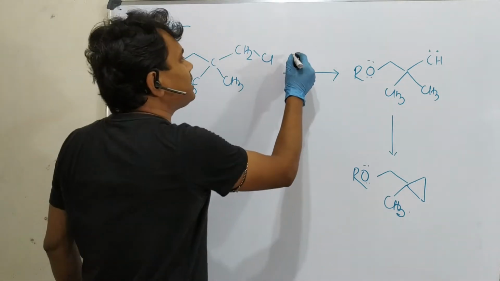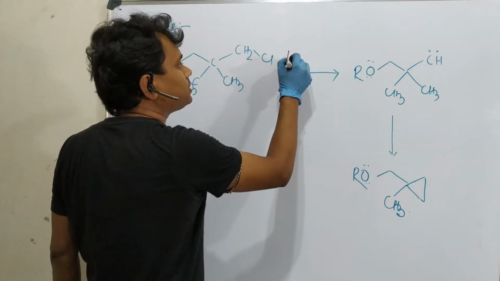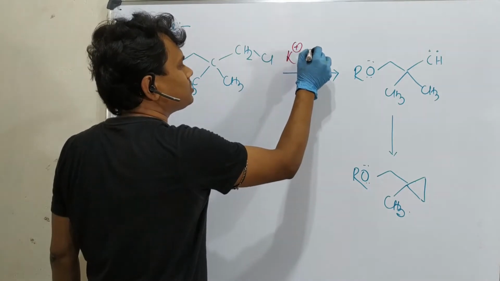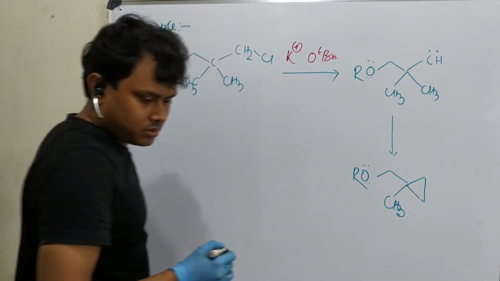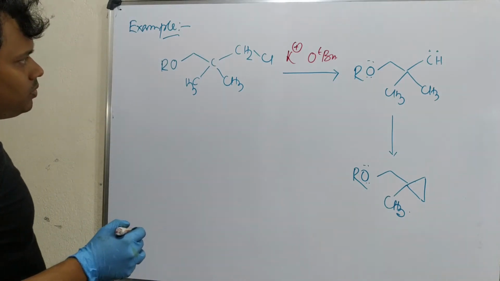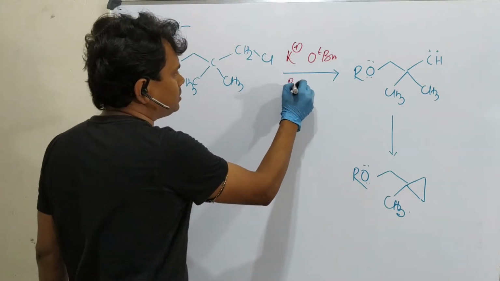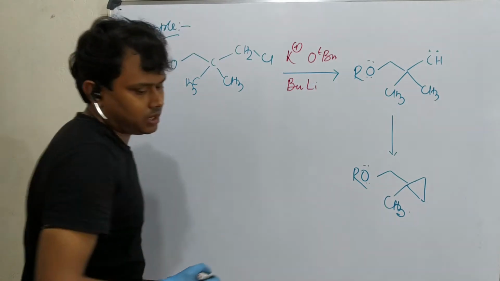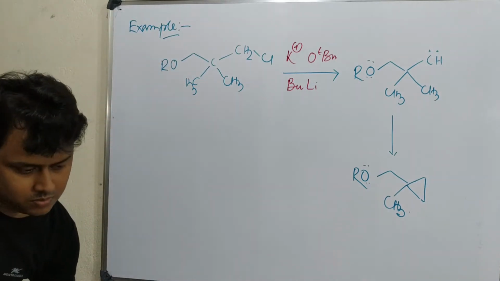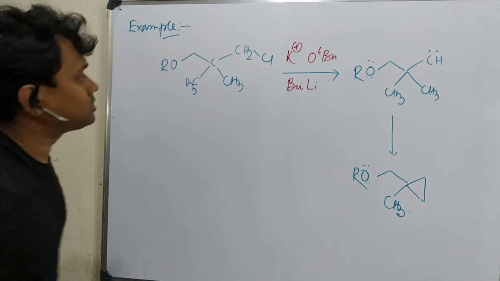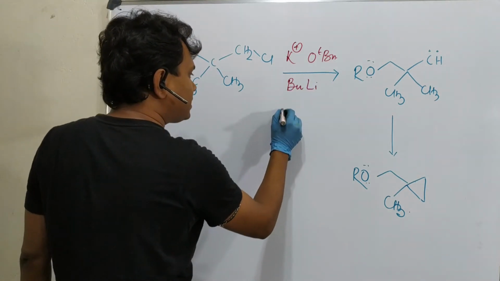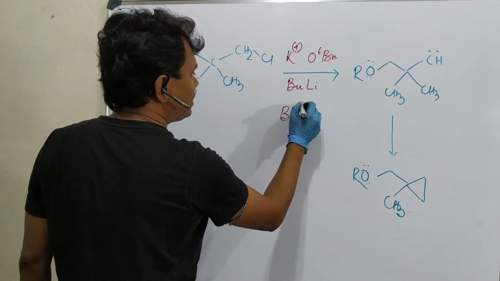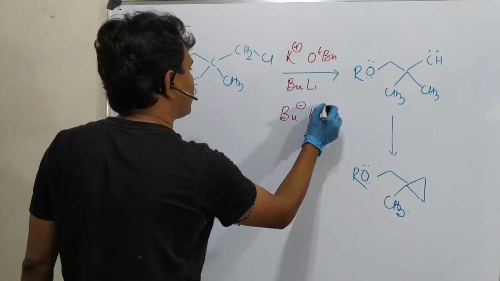See, this is a substrate reacted with K plus OtBu plus butyl lithium. We know that such a case will result in formation of the active species.